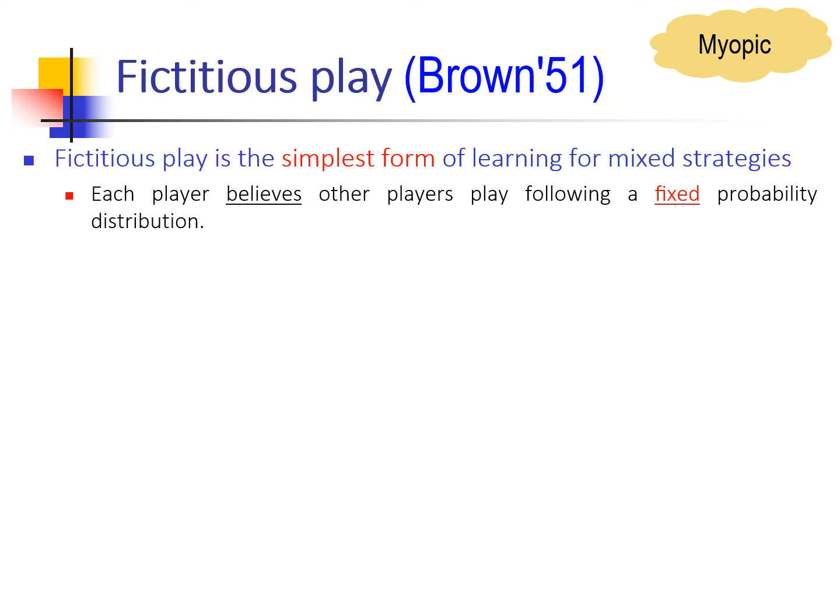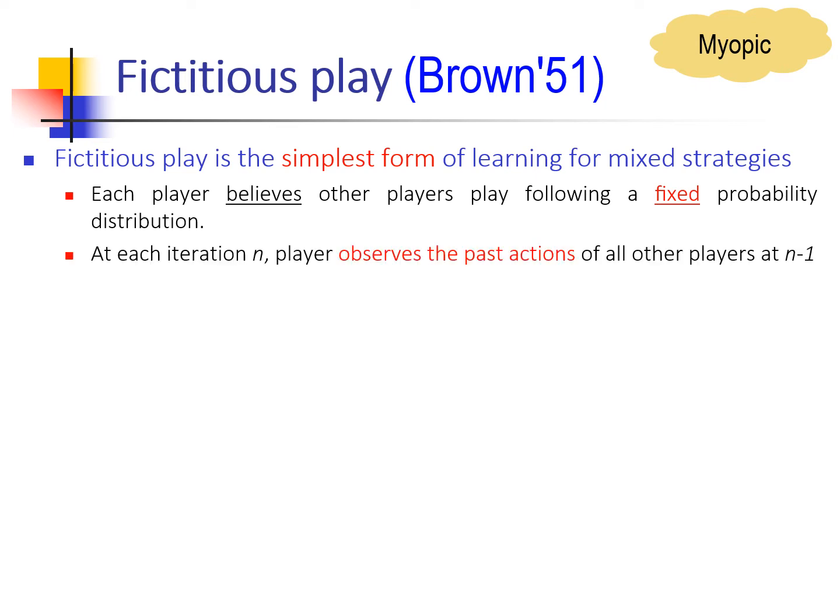So you have k agents, and every agent makes this assumption, or belief, that all the other players are following a fixed probability distribution. Again, this is not very practical, but it could happen in certain cases, for example to reduce the complexity of the learning algorithm.